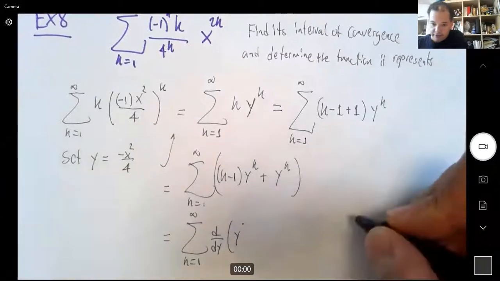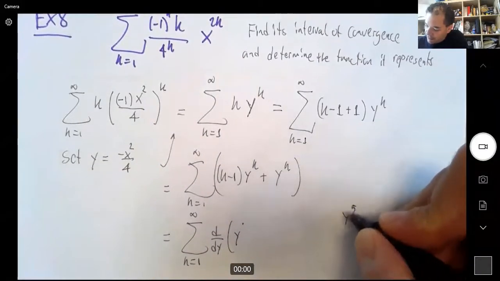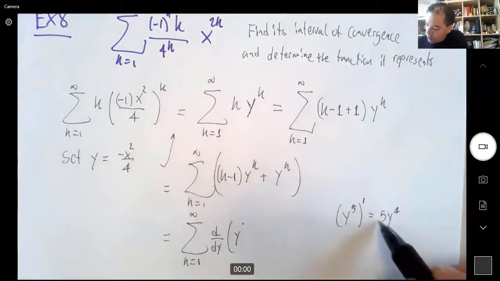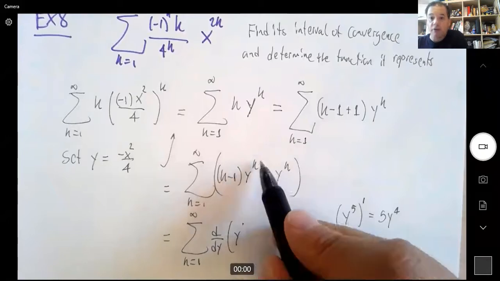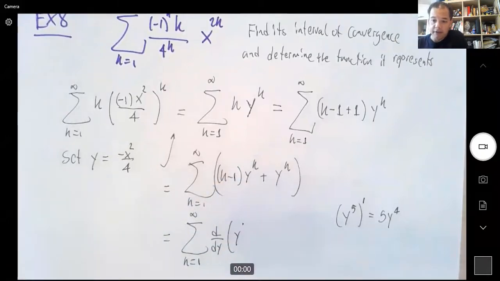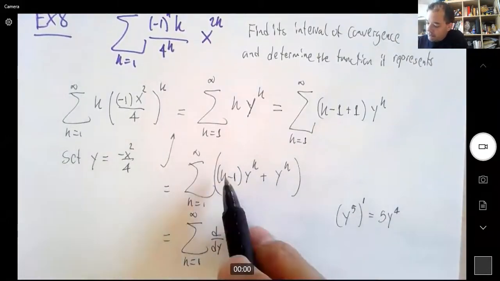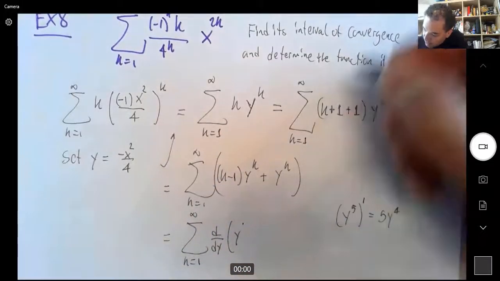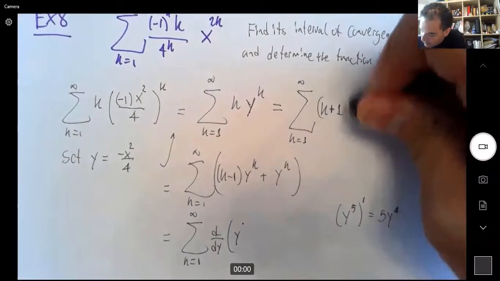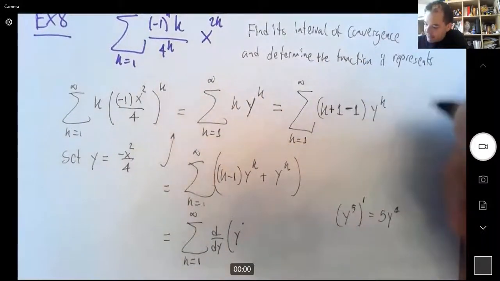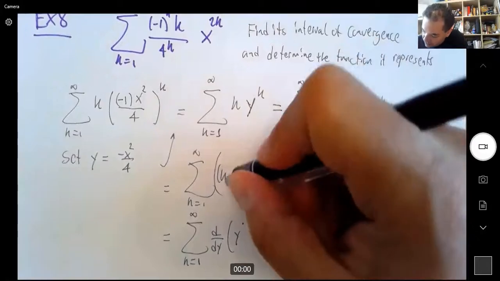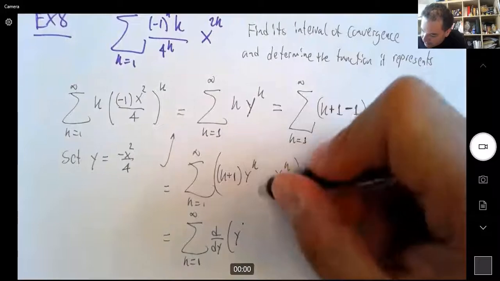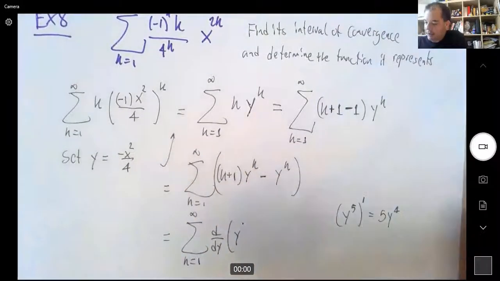If I take the derivative of y to the fifth, it is 5y to the fourth. So this number should be one more than this one, and I kind of did it the other way around. A little typo here. So I wanted this number to be one more than that. So it should be plus 1 over here and minus 1 here. So I want this to be one more, and this minus. All right, now it looks correct.